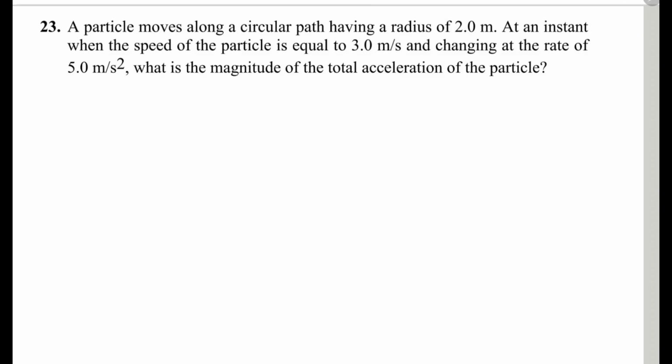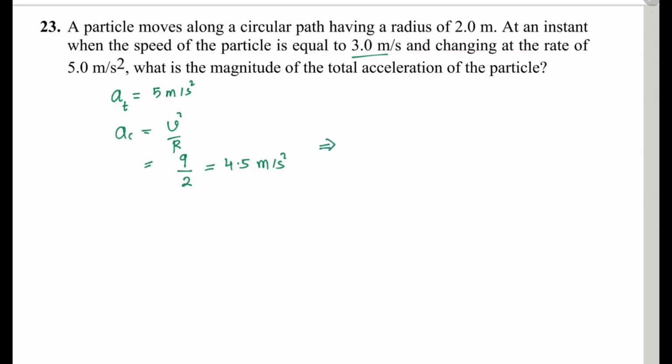Since the speed of the particle is changing, there is a tangential acceleration, and a tangent in this case is equal to 5 meters per second squared. So a central is equal to v squared over r, and v in this case is 3 meters per second, so it's 9 divided by 2, the radius of the circular path, so it's equal to 4.5 meters per second squared.